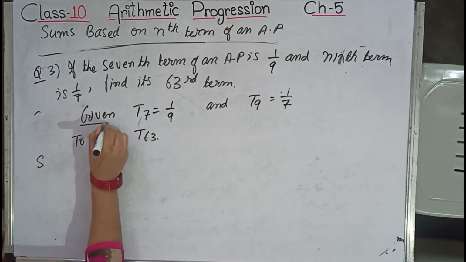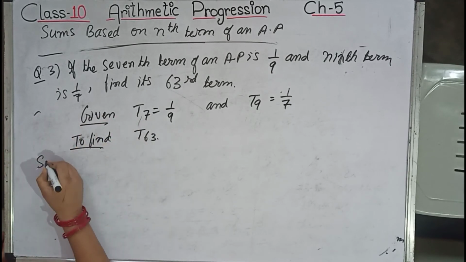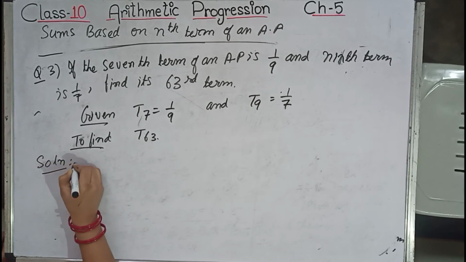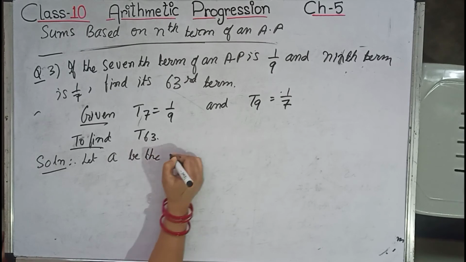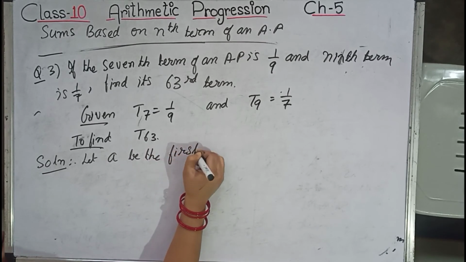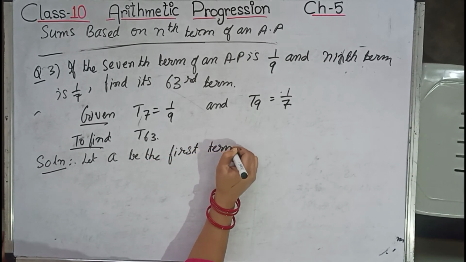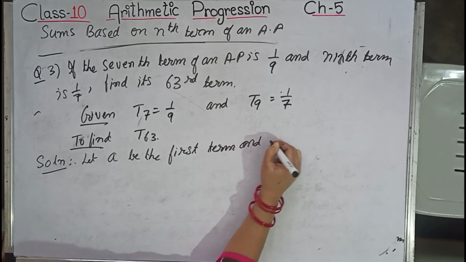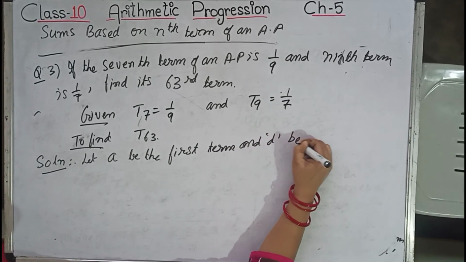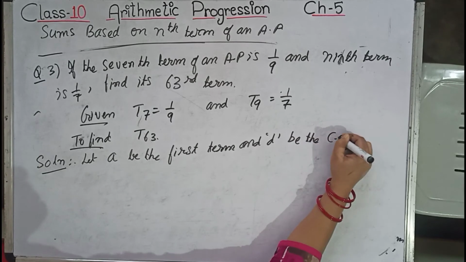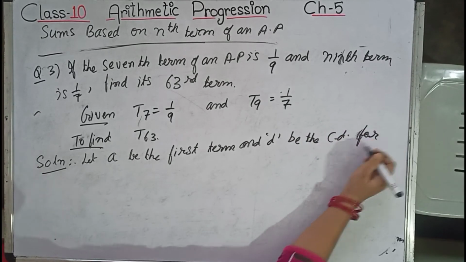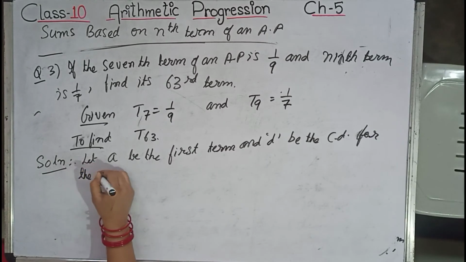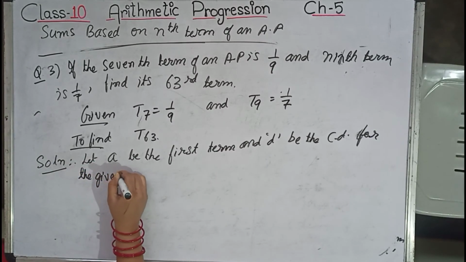Now, after the introduction given to find, comes the solution part. Let A be the first term and D be the common difference for the given AP.